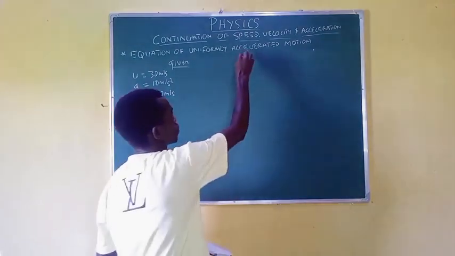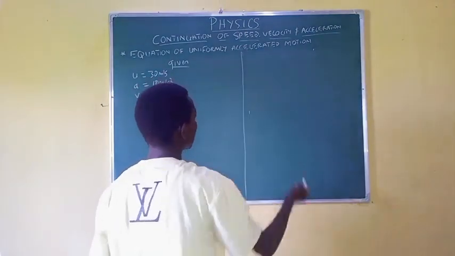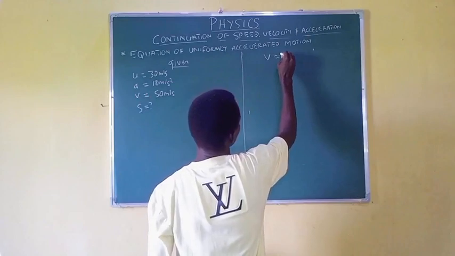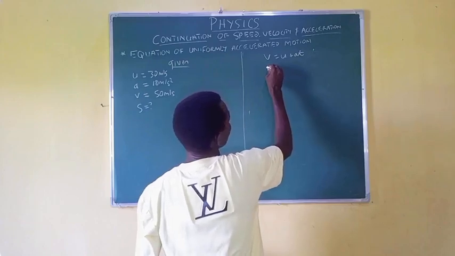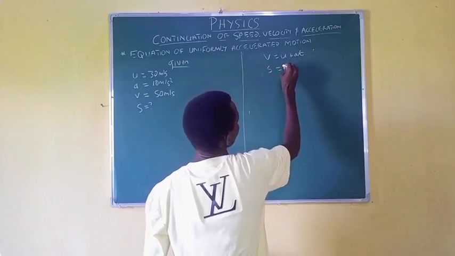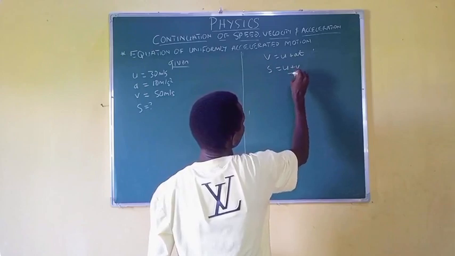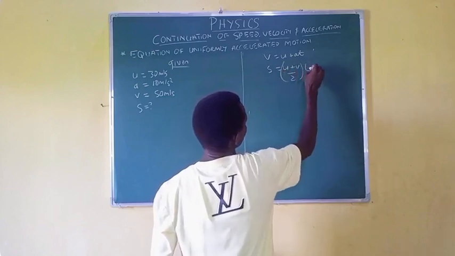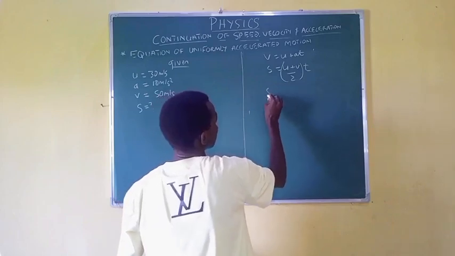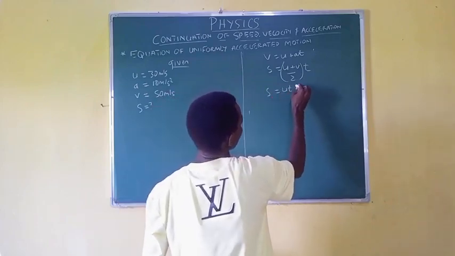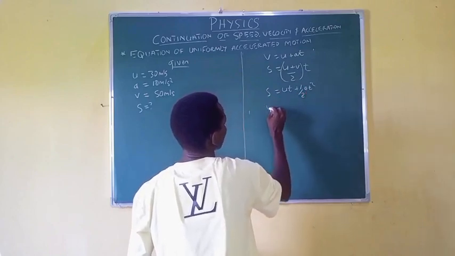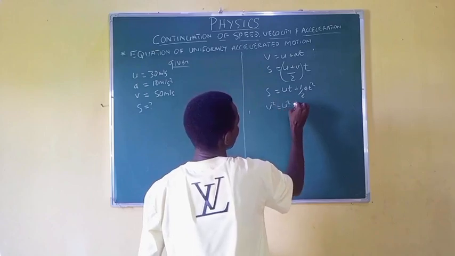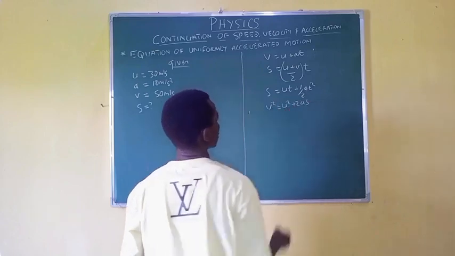From the four equations of motion, we have v is equal to u plus at. We have s is equal to u plus v over 2 all times time. We have s is equal to ut plus half at squared. And we have v squared is equal to u squared plus 2as.